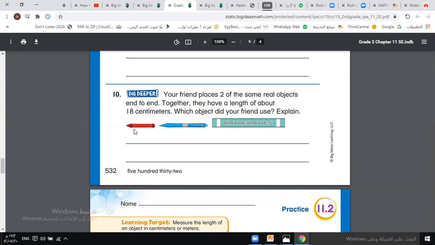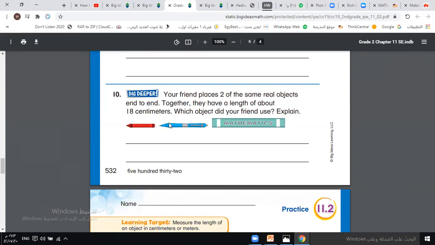Your friend takes two of one of these objects. So he may take two crayons and put them together end to end. Put a crayon, then another crayon. Is the measure of these two crayons 18 centimeters?